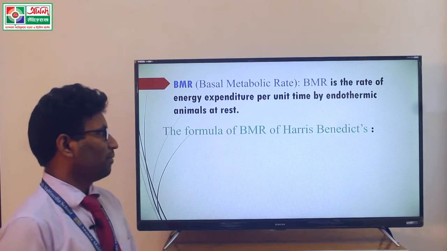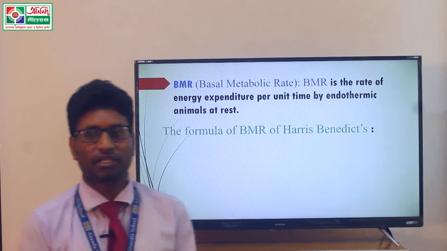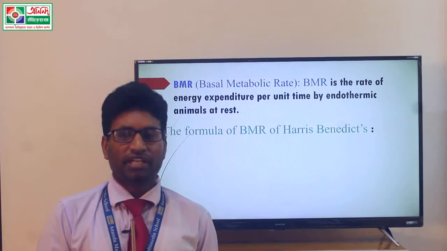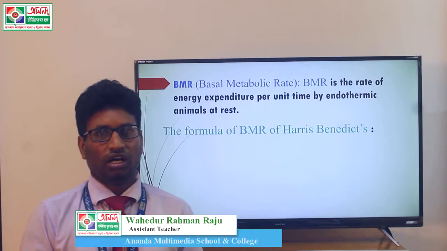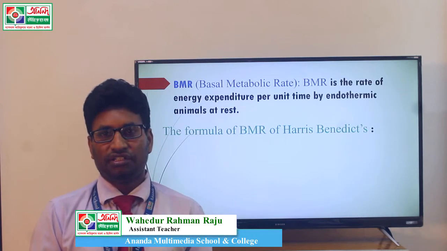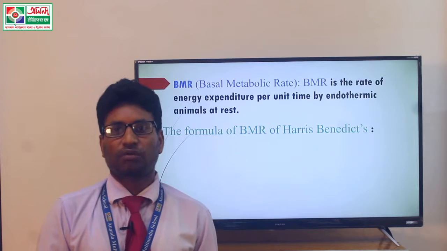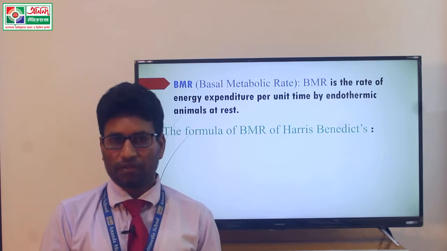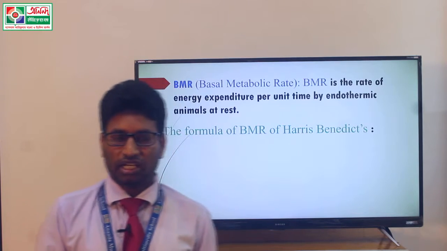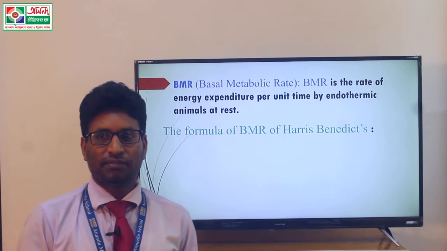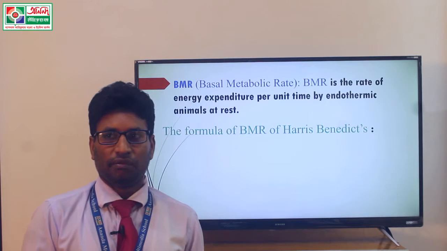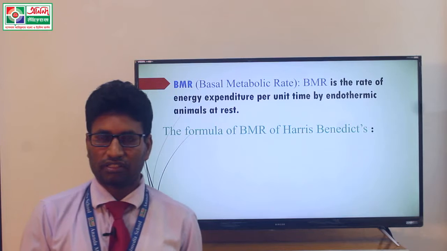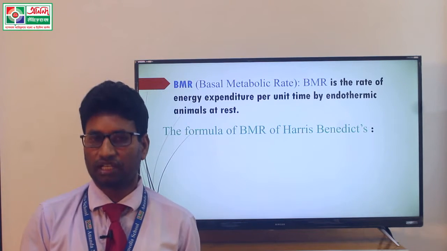The Harris-Benedict formula is used for BMR, since BMR is difficult to determine otherwise. BMR depends on the structure of the body, sex, food habit, etc. And this BMR is mainly determined by two formulas for human beings, male and female.